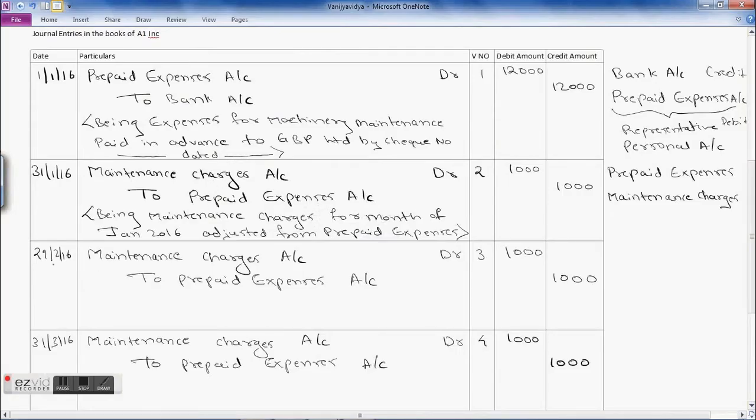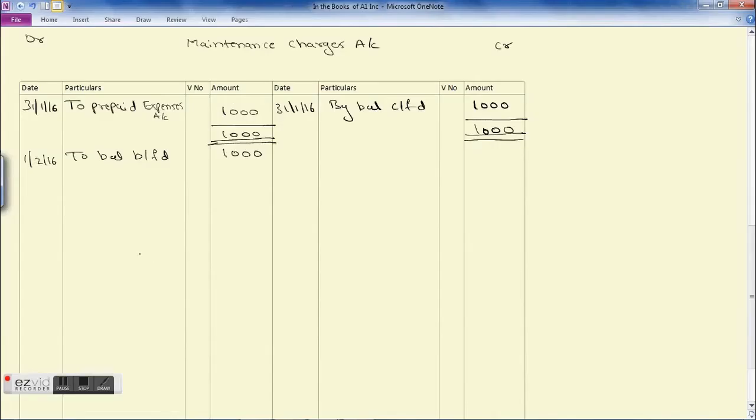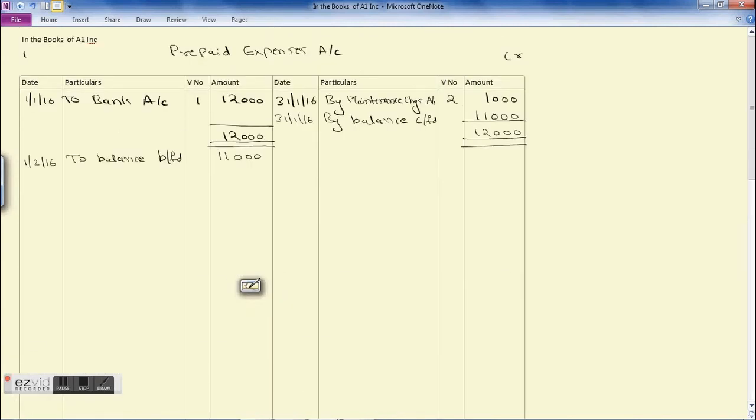Now the next entry, that is entry number 3, on 29th Feb 2016. Again the entry is maintenance charges account debit to prepaid expenses account 1000. So maintenance charges account is debited. So on 29/2/2016 to prepaid expenses account 1000, right?